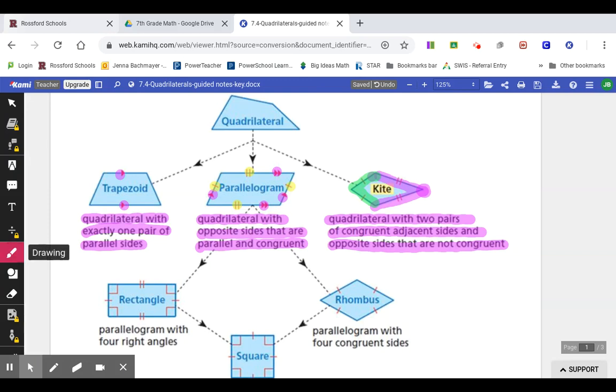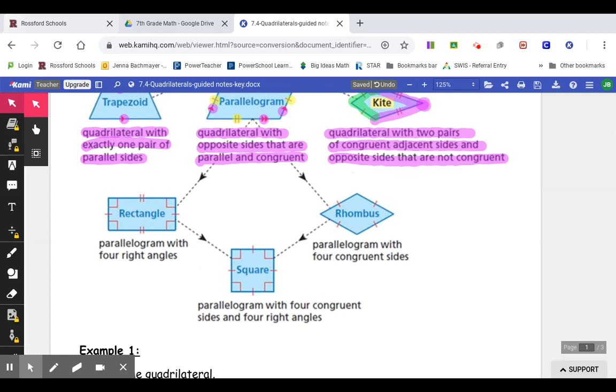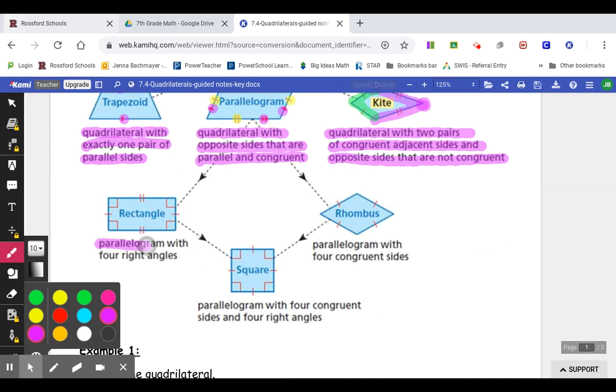Okay, so let's go back to parallelogram. Parallelogram is actually broken up into 3 other types of shapes. We can talk about a rectangle. A rectangle is just a parallelogram with 4 right angles.